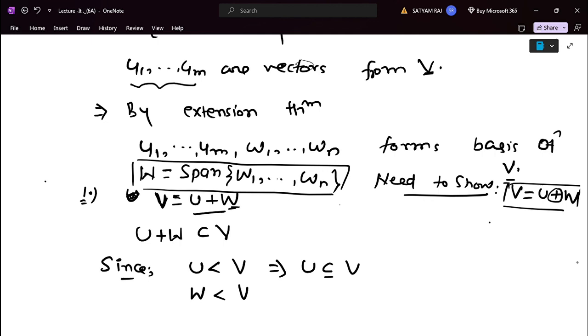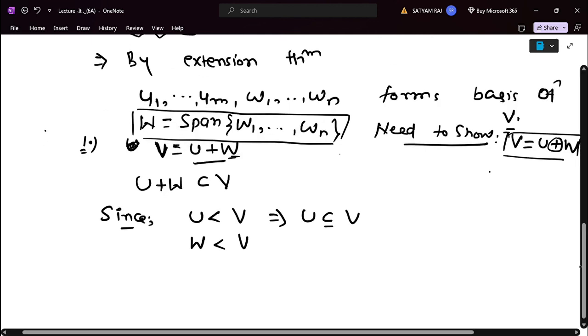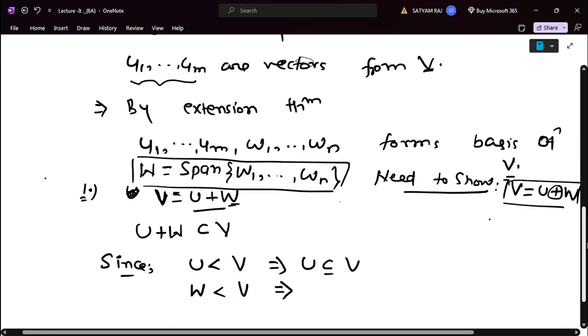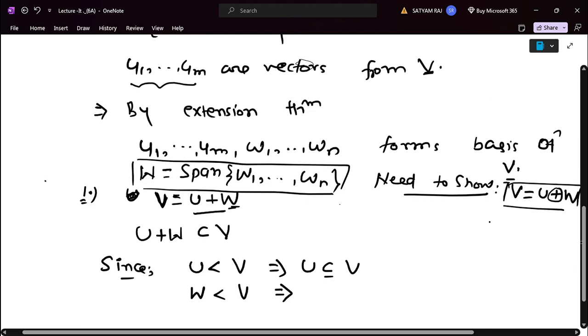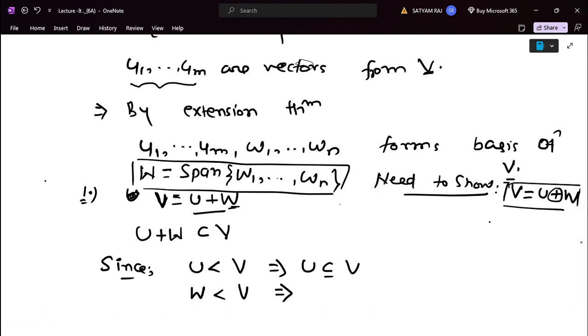Now since W is a subspace of V, how is it a subspace? Because this spans the whole V, so it will span a subspace of V. This will span the subspace of V only.